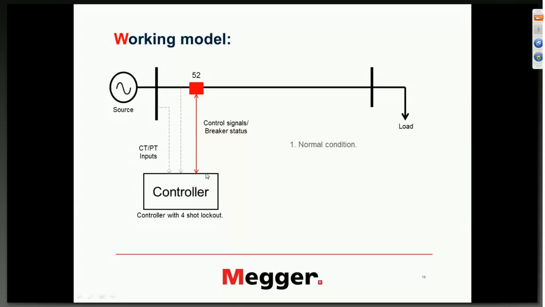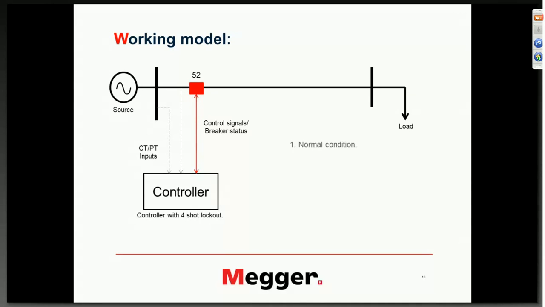So the controller sees the status of the breaker, whether it is open or not, and it will also see the current level and the voltage level on the transmission line. For understanding purposes, imagine a controller with a 4-shot lockout. I'll explain what a 4-shot lockout is by the end of this working model.